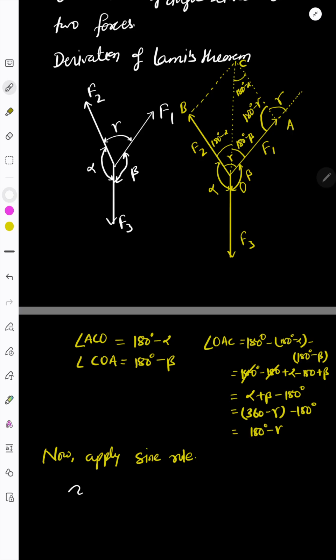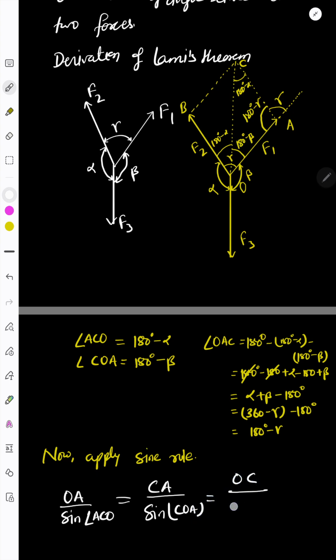When we apply the sine rule, we can write OA divided by sine of angle ACO, which is equal to CA divided by sine of angle COA, which is equal to OC divided by sine of angle OAC.